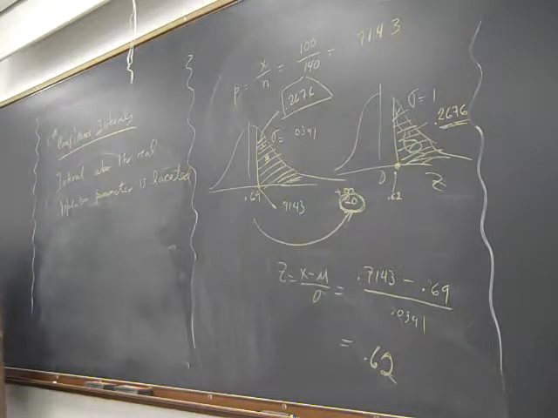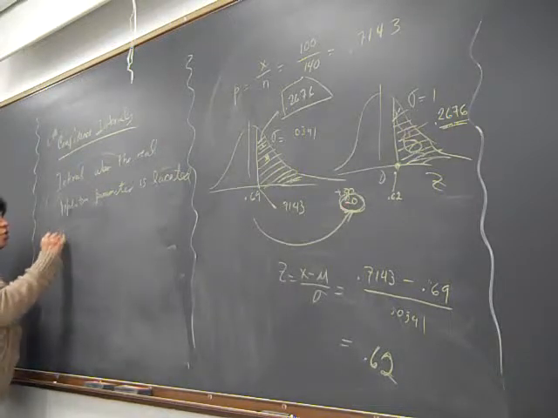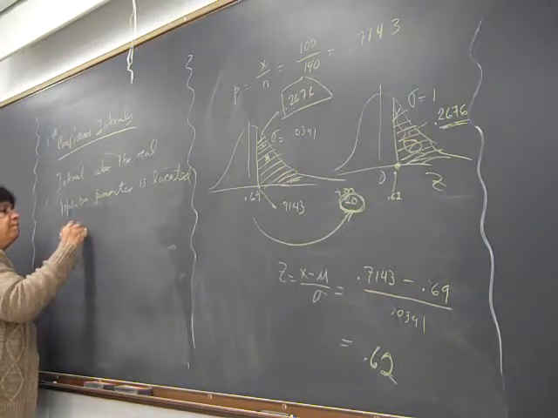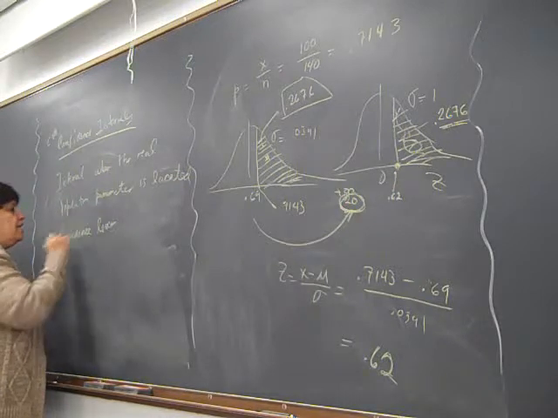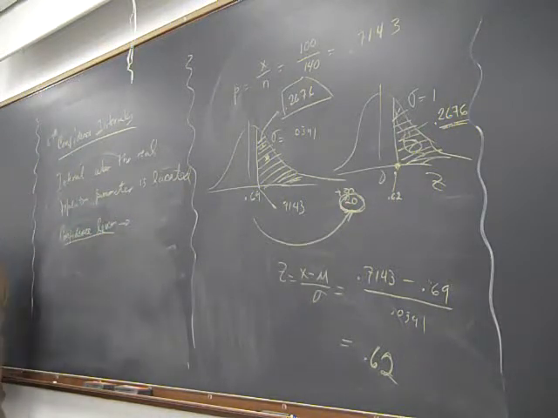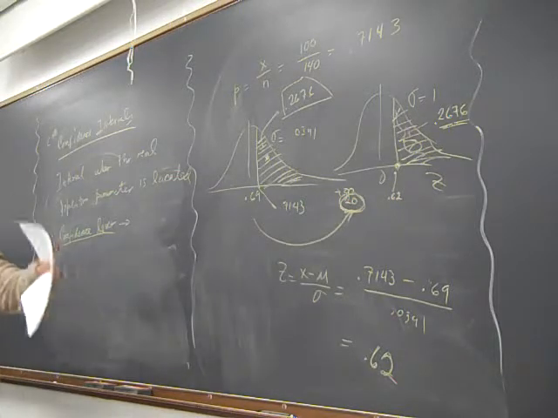Why confidence? Because we have to establish a confidence level. Confidence level, okay, is how sure we want to be about what we are saying. The higher the confidence level, of course, the wider the interval.